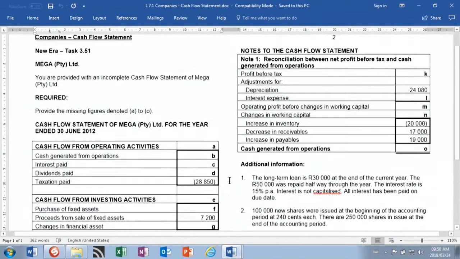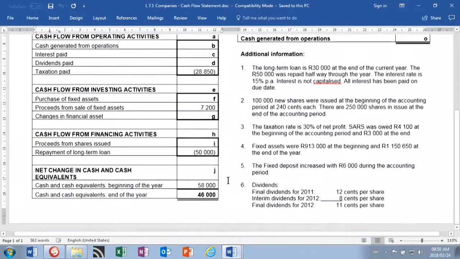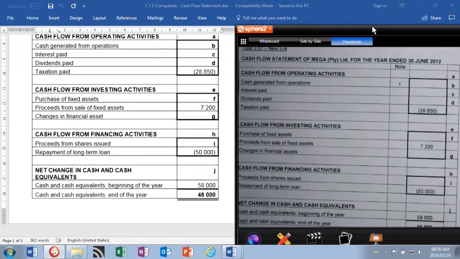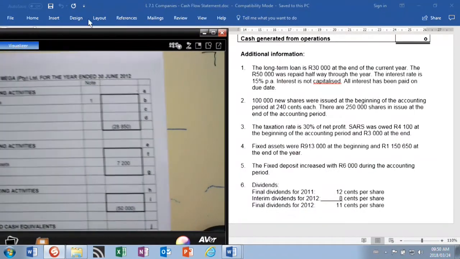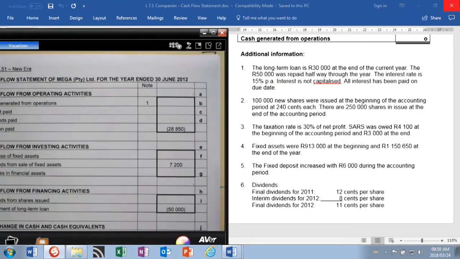And then there in note number 1, they gave a little bit more information, but I think we must just start whatever we must do there. This is the only additional information that they gave us. So I think we are going to move there because the rest of them are on my answering paper.